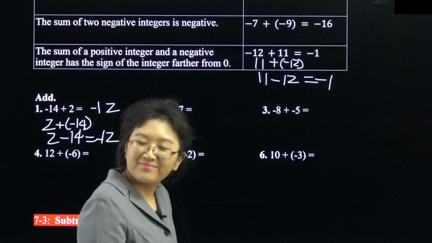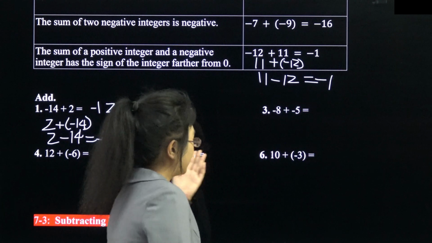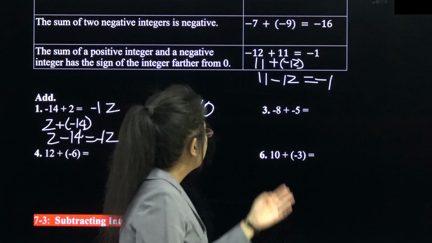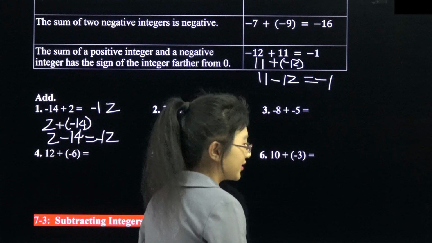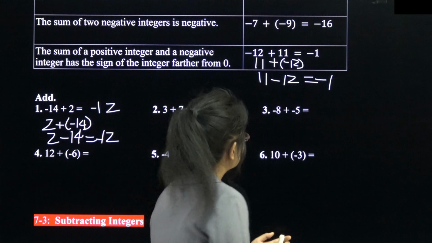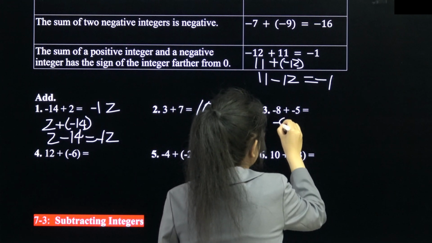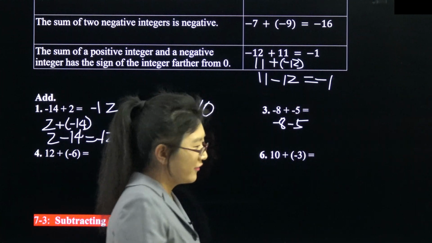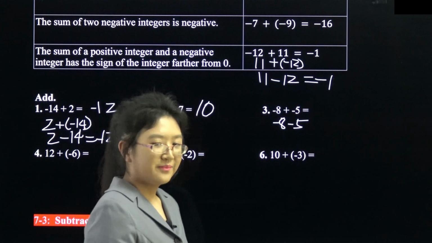3 plus 7. These are both positive integers, so I'm sure you know how to do this. 3 plus 7 is 10. Negative integers. Here's the thing for negative integers. If you add a negative integer, it's just subtraction. What's negative 8 minus 5?